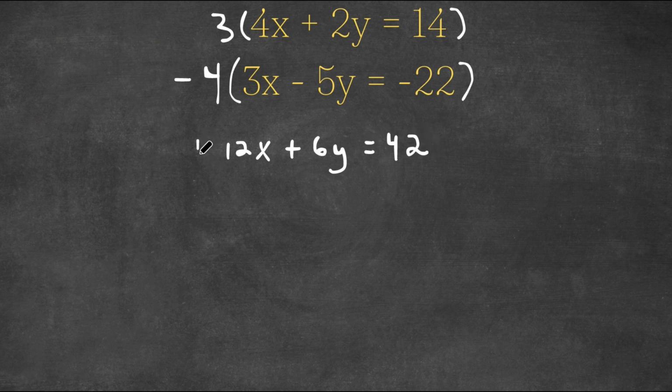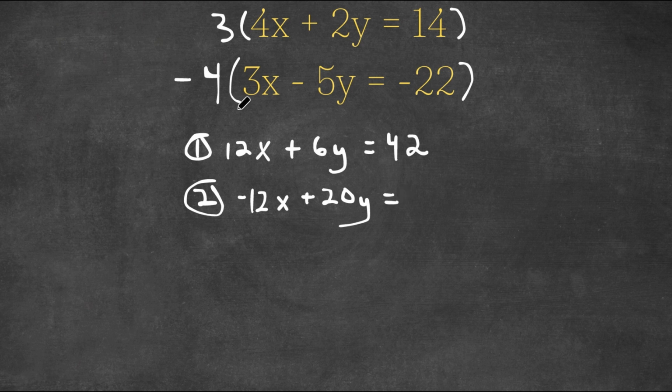And that is our first equation. Now for our second equation, negative 4 times 3x is negative 12x. Negative 4 times negative 5y is positive 20y. And now this is equal to negative 4 times negative 22, which is positive 88.